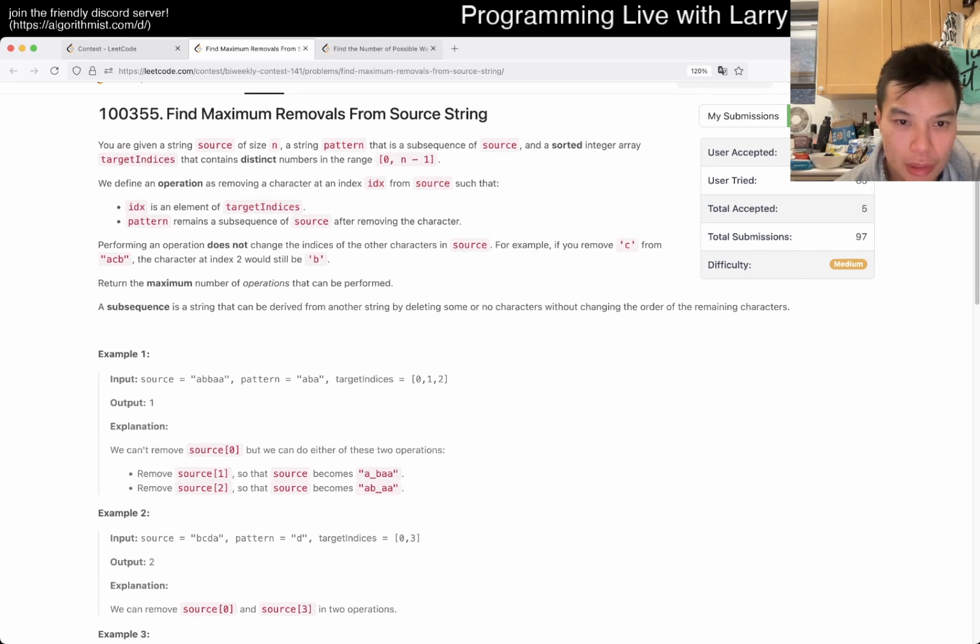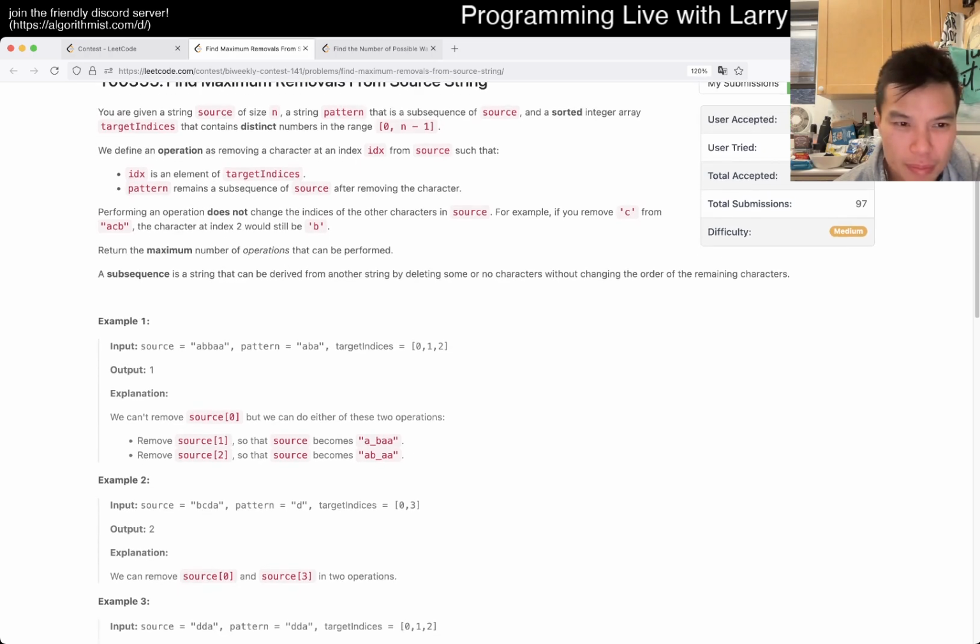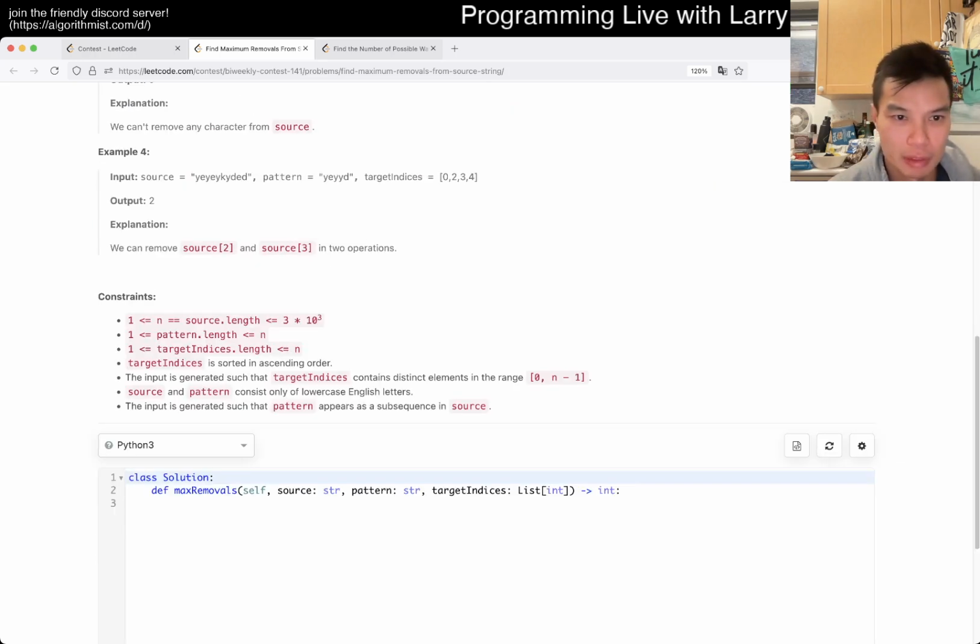Okay, so why can't we remove, oh, because... this is probably just DP. I don't like that the constraint is 3000 like this though, but is it DP?